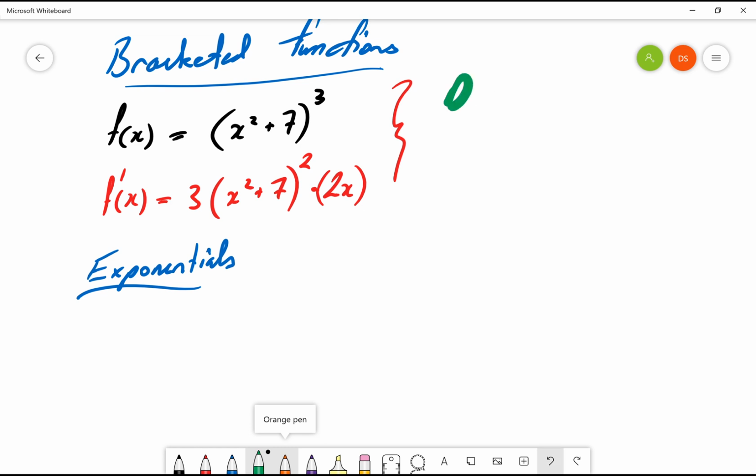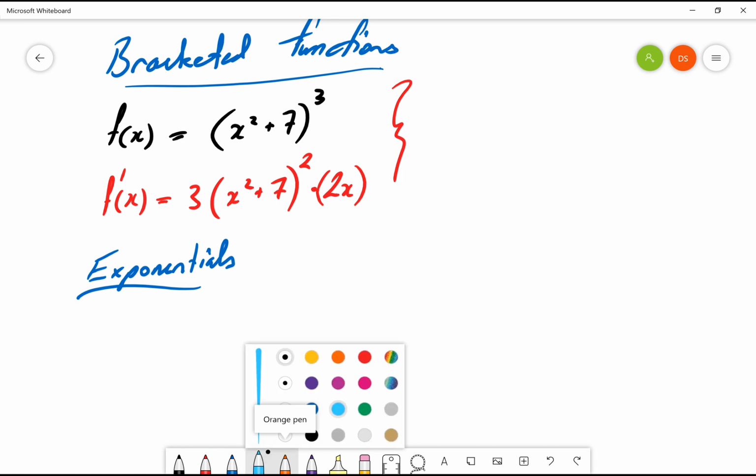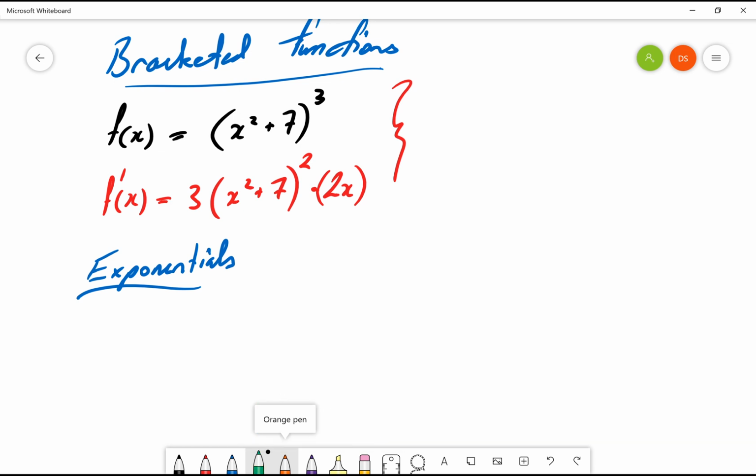Ooh, that is not right. Alright, so let me just quickly check. Sorry guys, my computer's being a little funny. Oh, here we go.